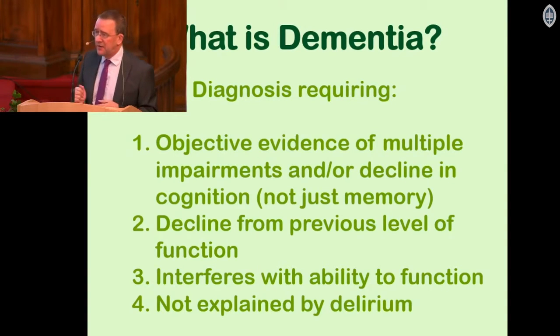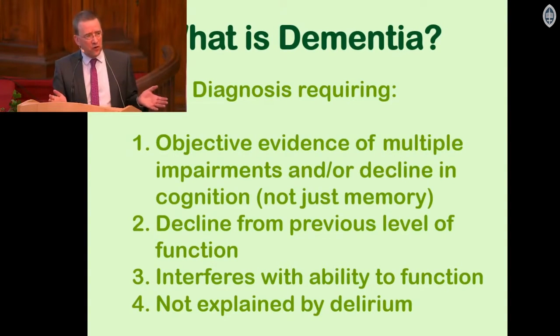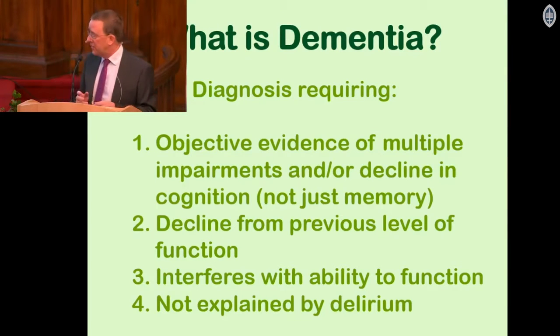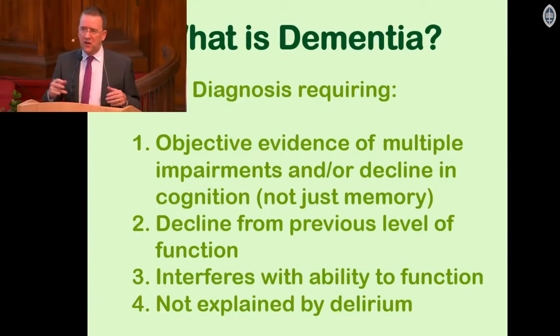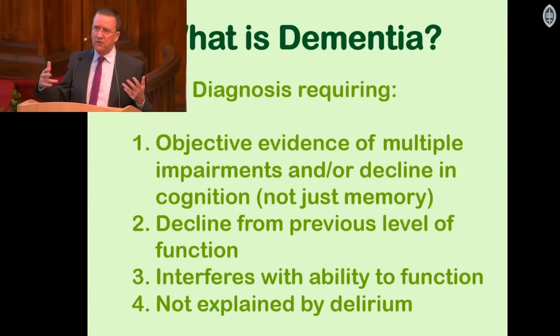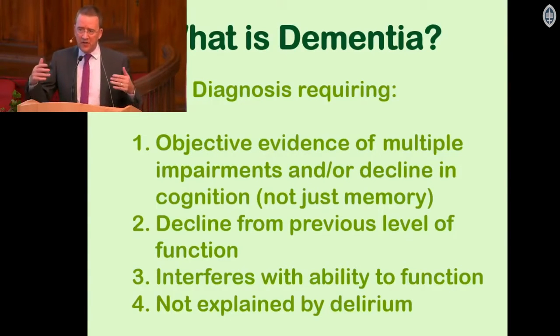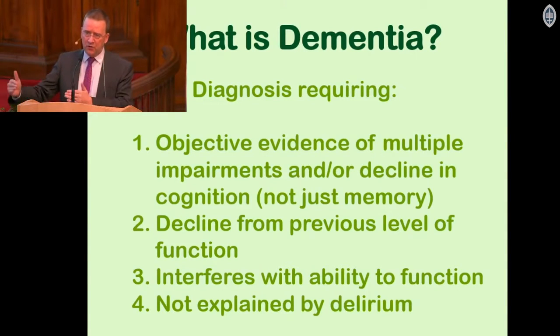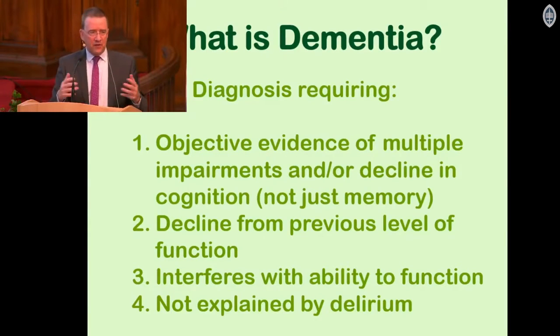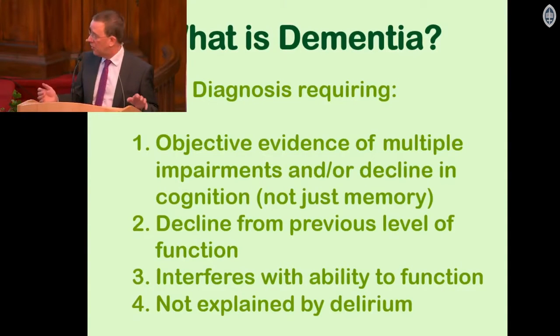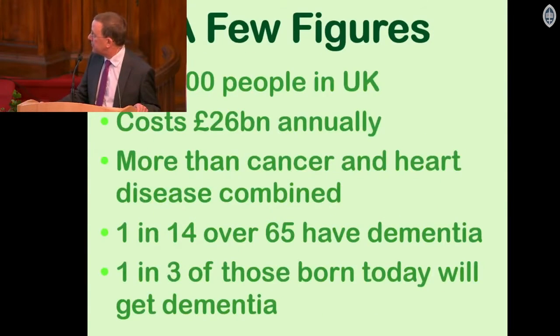And that decline leads to an inability to function normally in the world, that gets very profound, severe. And we would say it's not explained by delirium. So they're not acutely ill with an infection or some other illness that's affecting brain function, where when that other illness is treated, it goes away. It's not that. That's very common, especially in hospitals. It is something that's there long term. It's a chronic condition.